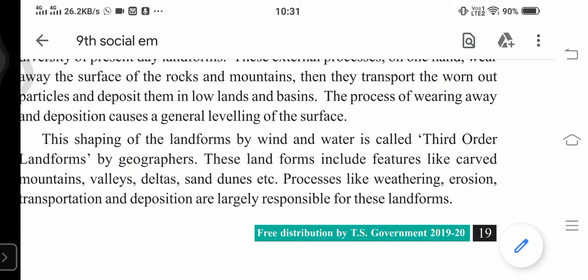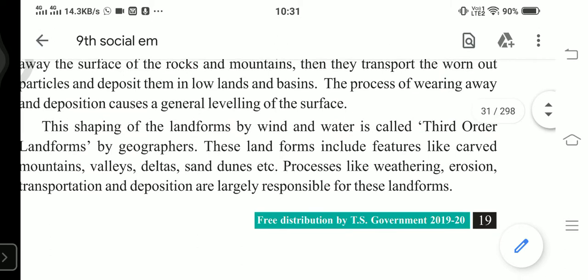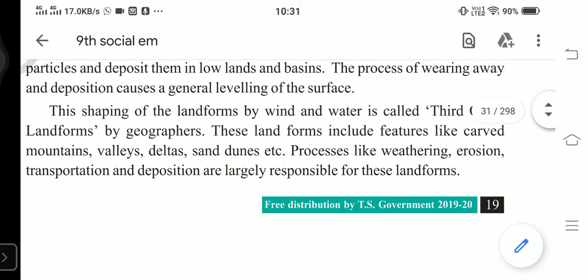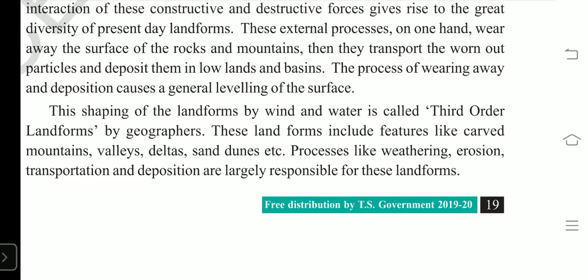So those are second order of landforms formed by the internal process. And third order of the landforms formed by the external process with water and wind. So the flowing water and blowing wind will carve and change the existing mountains, valleys, deltas, sand dunes with a process that is the denudation process. What process, my dear students?